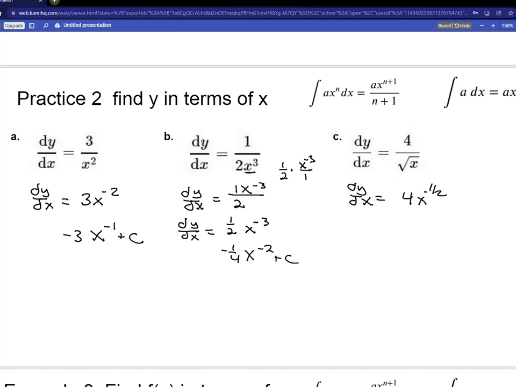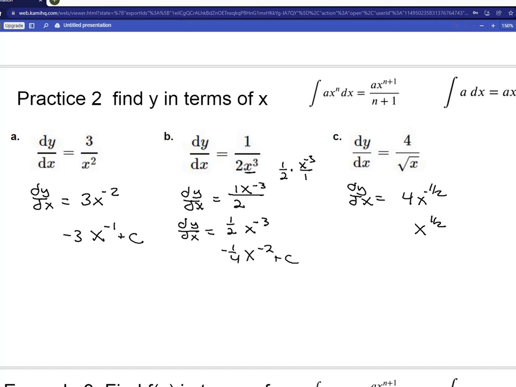So then what am I going to do? You'll add 1 to the power, and then from there on, you multiply by the reciprocal. So if I add a 1 to this, what am I going to get? I'm going to get 1/2. And then you multiply the reciprocal and you get 2.